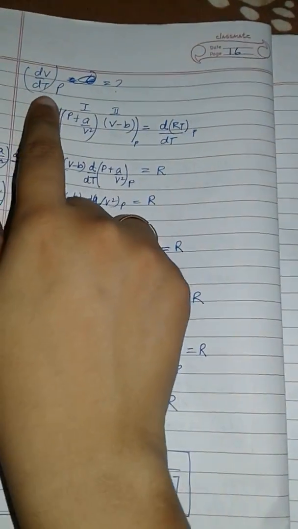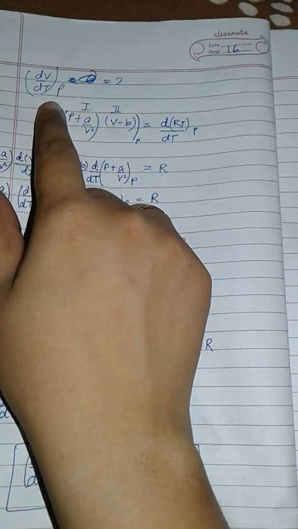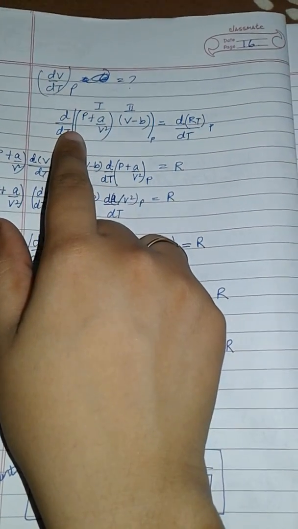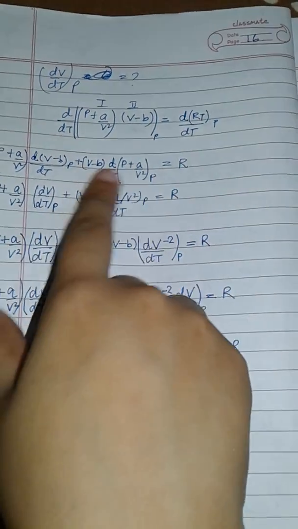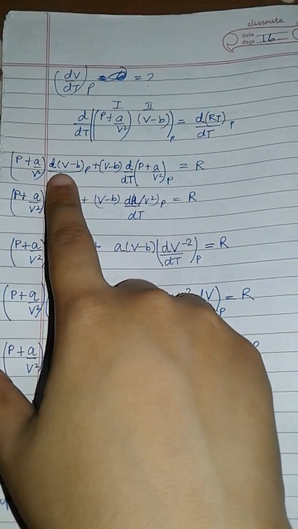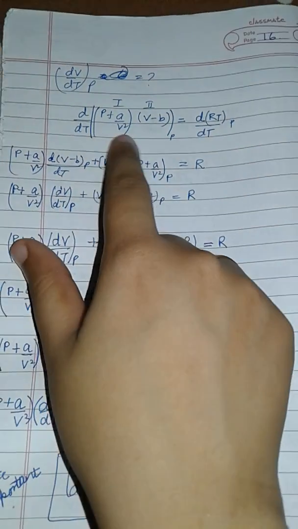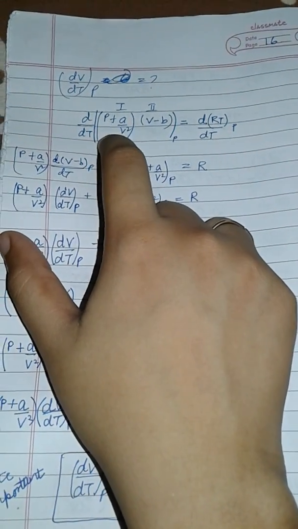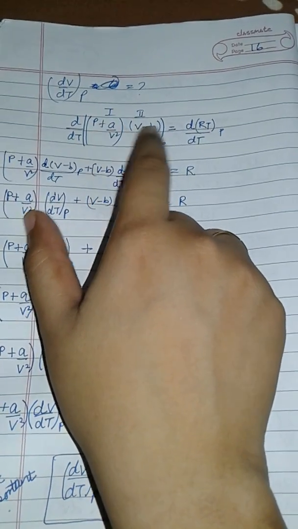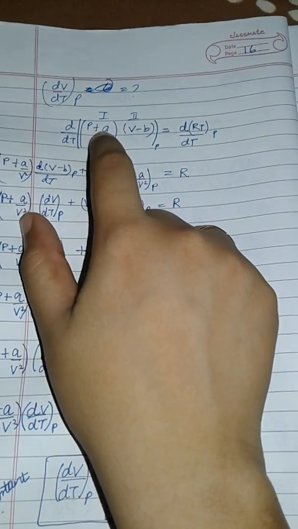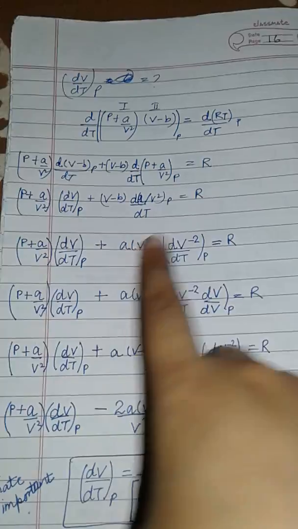Now if we have to find out dV/dT at constant P, we'll differentiate both sides with respect to T at constant P. After solving, first we will differentiate this term, and this will remain as it is. Then we will differentiate the second term, and the first term will remain as it is.